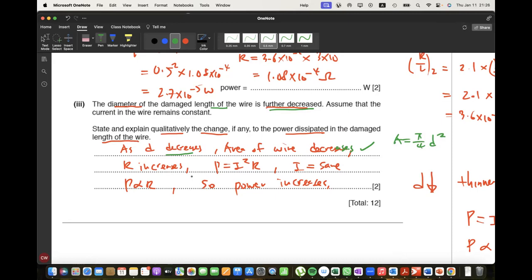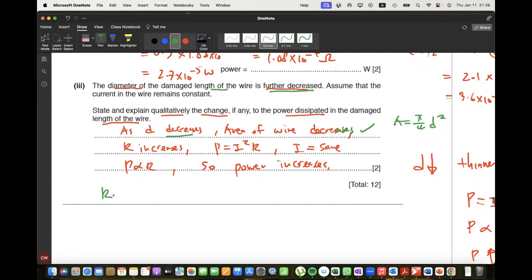So R is rho L over A. Diameter decrease, R should increase because it's inversely proportional. So when this one decrease, still the same current, so the power dissipated in the damaged wire will increase. Okay lah.